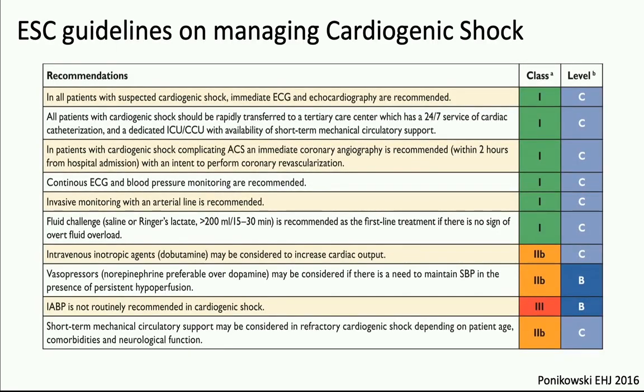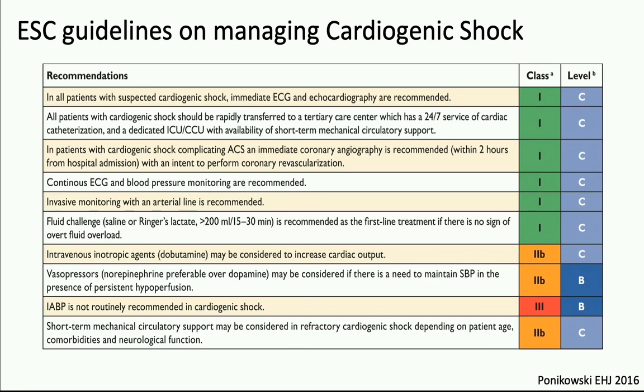This is another table from the ESC guidelines. You can see that there are a lot of green class 1 recommendations, but these are things like making sure the patient is having an ECG and an echocardiogram immediately, and making sure the patient is on the critical care unit.